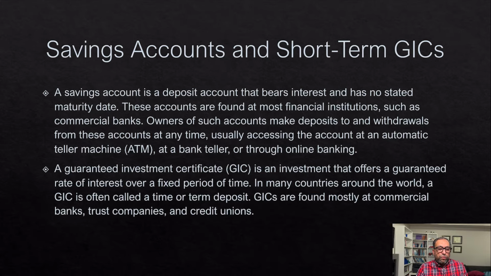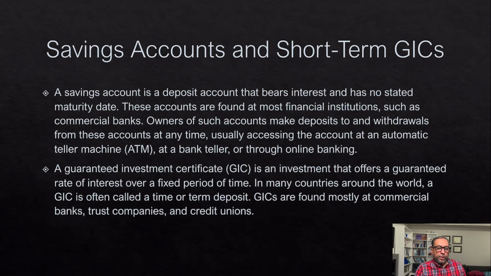So these accounts are found at most financial institutions such as commercial banks. Owners of such accounts make deposits to and withdrawals from these accounts at any time. Usually they access the account at an automatic teller machine, ATM, at a bank teller, or through online banking. So they're all the means we can use to withdraw or use the money from our savings bank accounts.